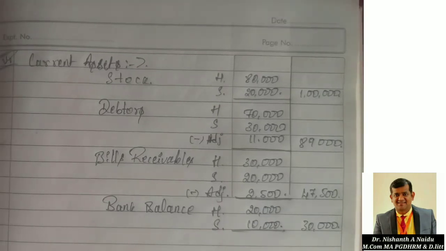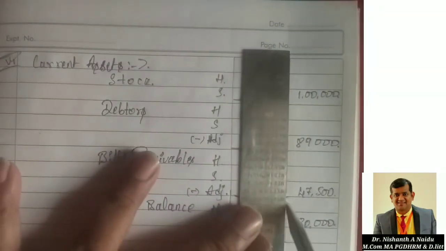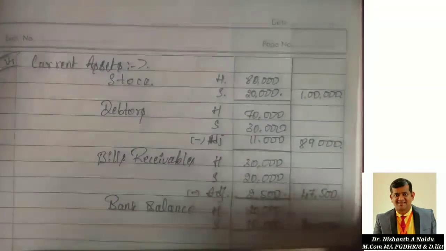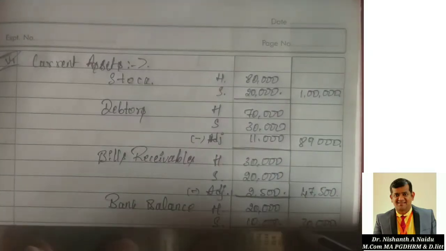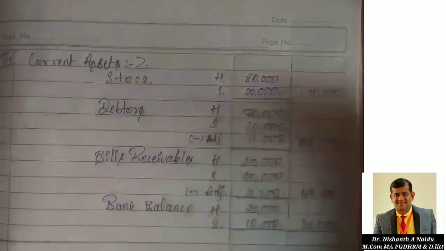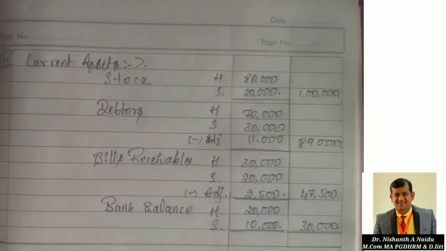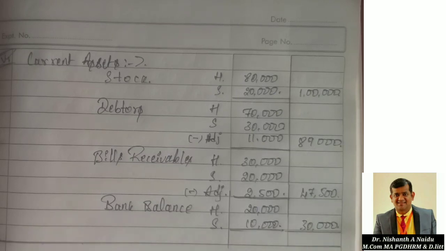So now let us total the asset side. So we will check out how much it will come up to. 4,26,000 plus 1,52,000 plus 40,000 plus 1 lakh plus 89,000 plus 47,500 plus 30,000.